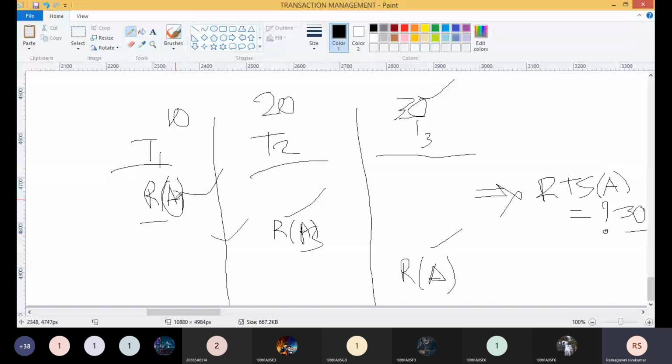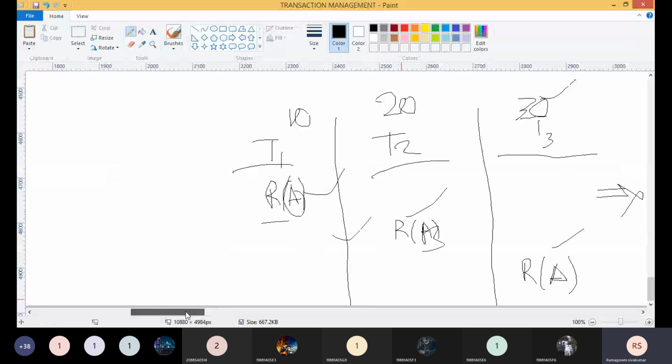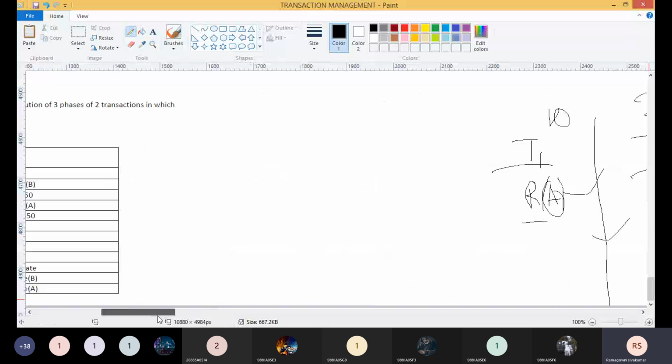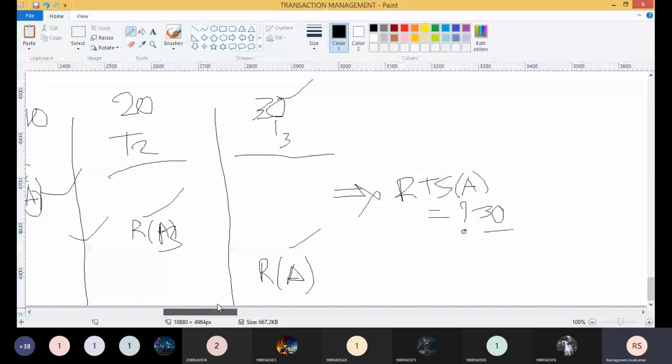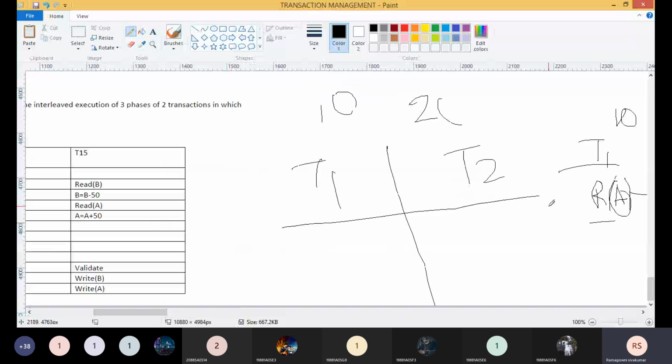Should not consider. And you are performing T1 and T2 operations. Here the timestamp of T1 must be greater than T2. That's the rule, right? That's what we have written here.